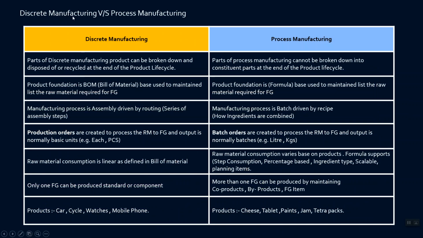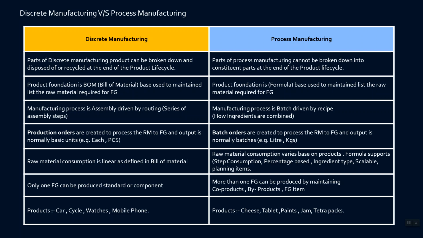Now it's time to understand the difference between discrete manufacturing versus process manufacturing. This is a really complex part, but we will see how it works in D365. All discrete manufacturing products can be broken down and disposed of or recycled, whereas process manufacturing products cannot be broken down into constituent parts at the end of the product life cycle.